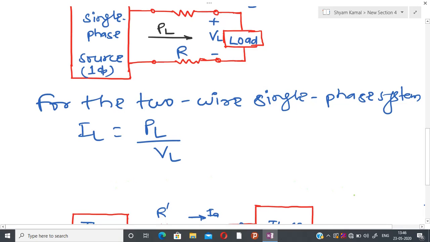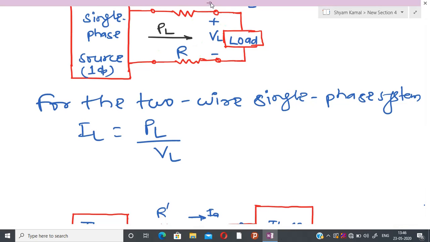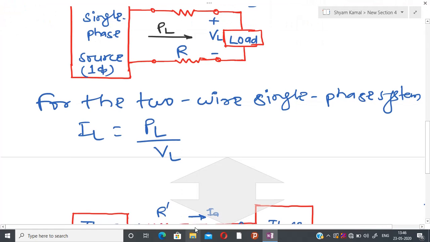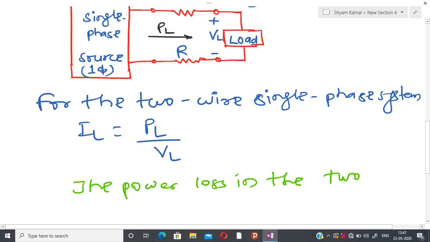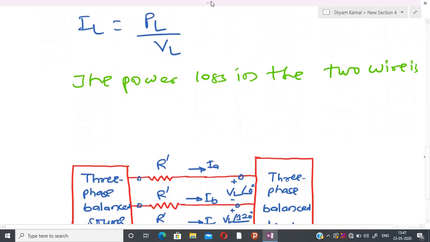So let us now talk about the total power loss, because I have identified the current. After identifying the current, I am able to talk about the power loss in the two wires, and this can be easily calculated.